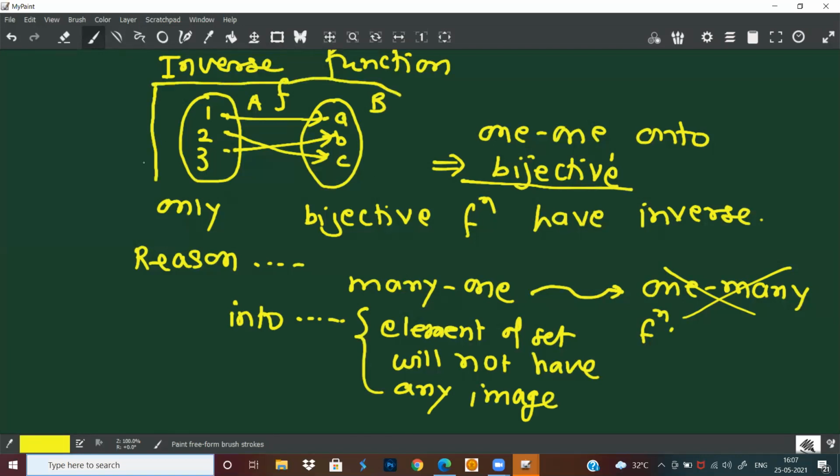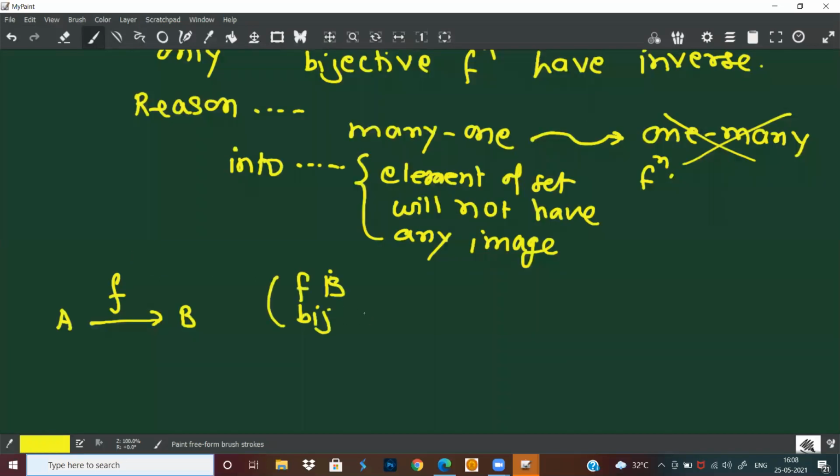How do you write inverse? If f is a function from A to B, and if f is bijective, it implies f inverse is a function from B to A.